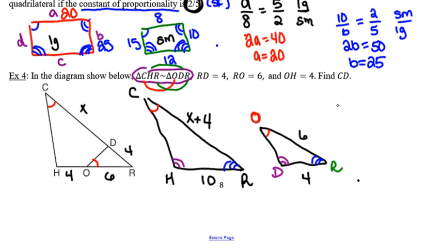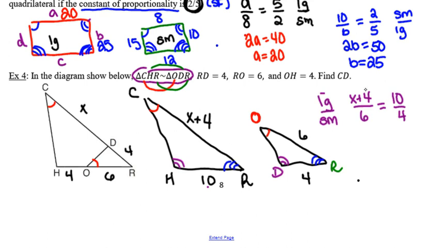I can go ahead and compare the x plus 4 in the larger triangle to its corresponding side 6 in the smaller. And again, be consistent. If I'm comparing the large side to its corresponding side in the smaller, then I've got to compare large to small. So 10 to 4. So this large to small is what determines the order in which I compare these two.